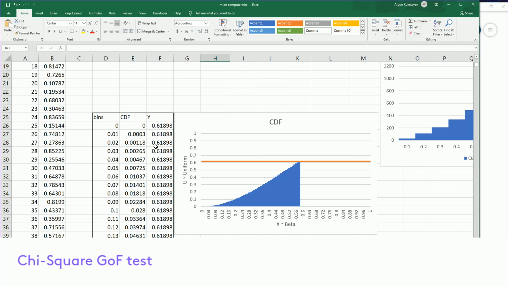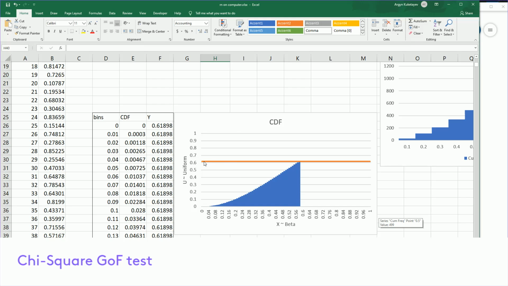So I am showing you this 0.58 on the x-axis. This is your beta distributed random number. And then if I plug it into the CDF of the beta distribution, the CDF of 0.58 is on the y-axis.